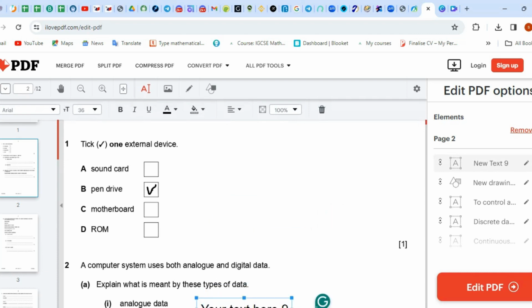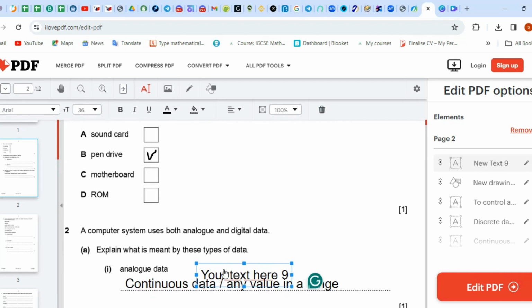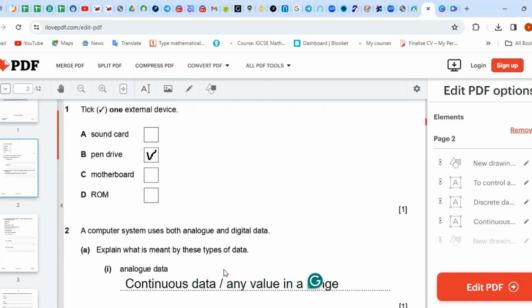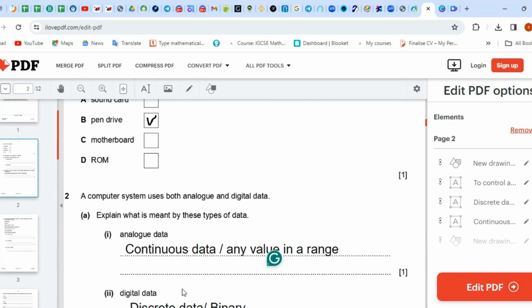All right? So we type it there: a continuous data or any value in a range. That's the meaning of analog data. The second part says, what is digital data?